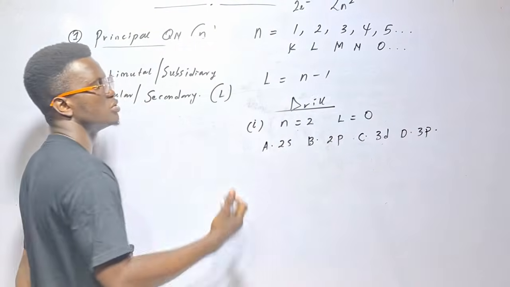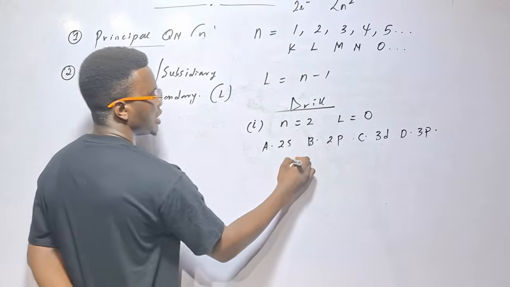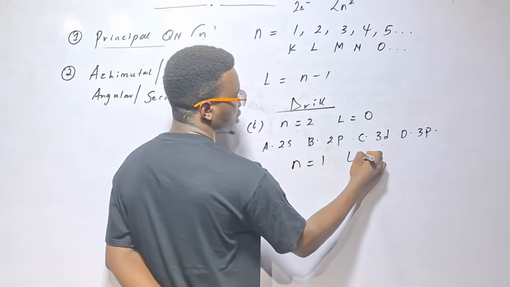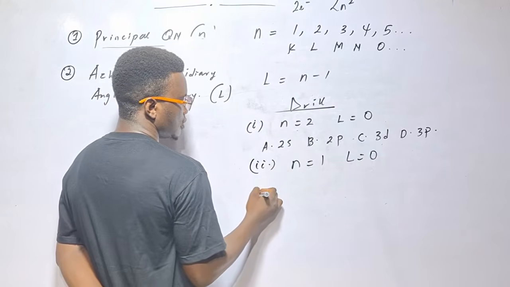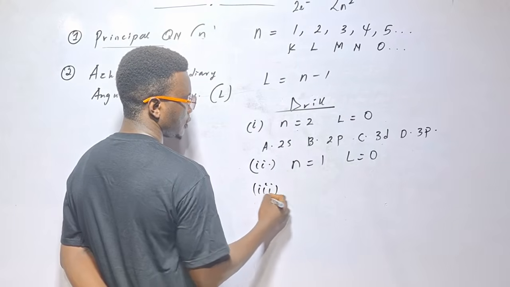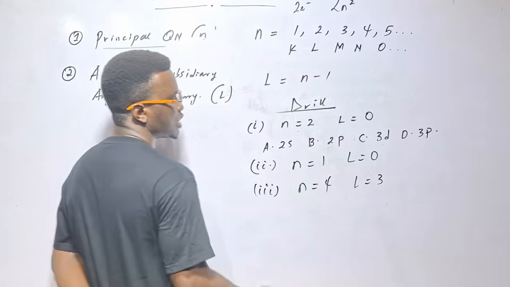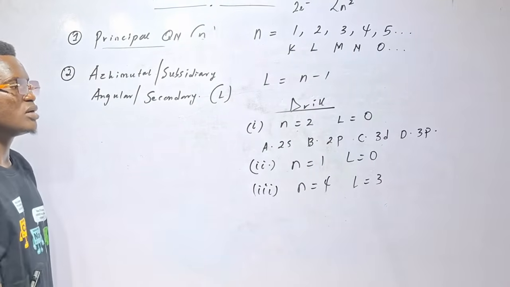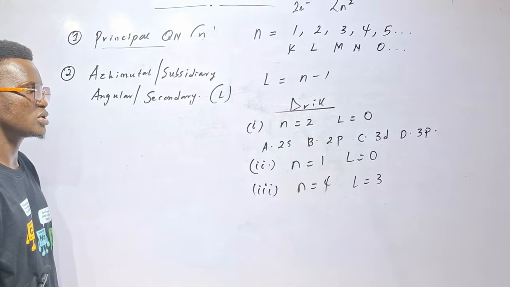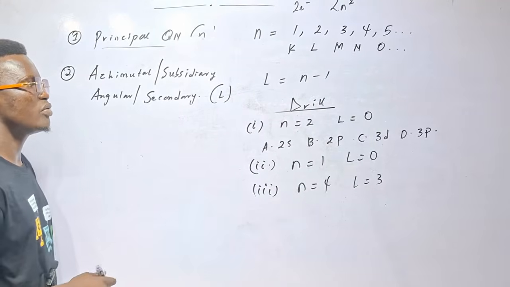Leave your answer in the comment section. Number 2: when n is 1 and L is 0, which orbital is that? Number 3: when n is 4 and L is 3, which orbital do you think that is talking about? Quickly write that and let me see your answer in the comment section, to show if you understood what I just finished talking about. But let's go over it again.